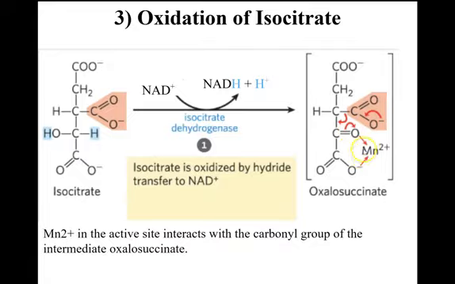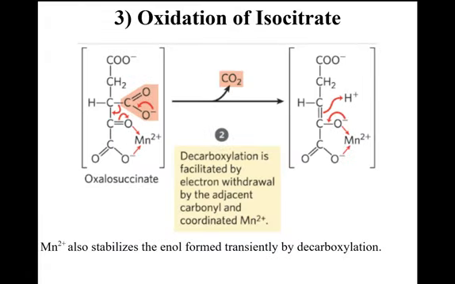oxalosuccinate, and so you'll see this manganese ion in the active site interacts with the carbonyl group of the intermediate oxalosuccinate. And thus from there, there is a decarboxylation that is happening, and it still becomes stable with this manganese coordination with the intermediate.